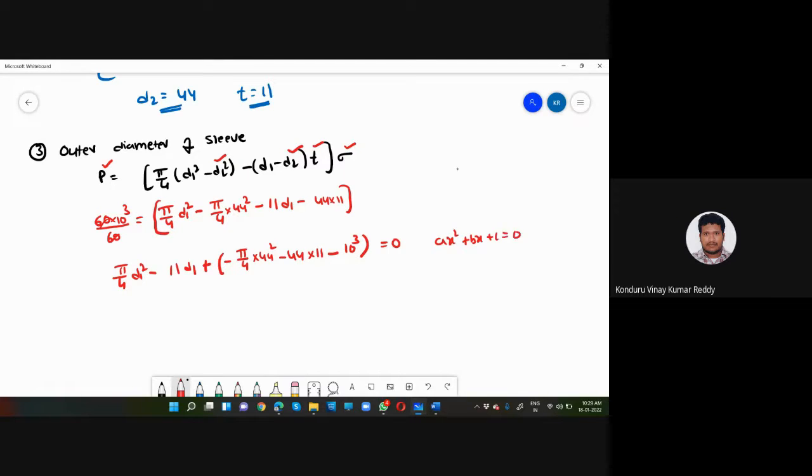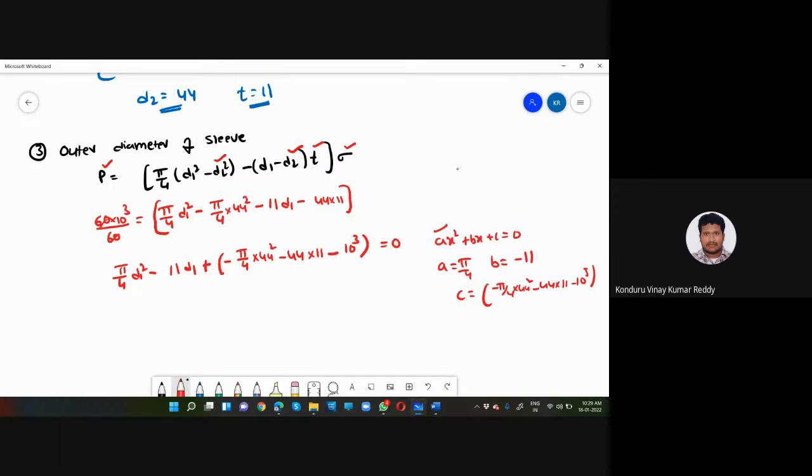In your calculators, go for Shift, Mode, equations. Select this form, where a is equal to pi by 4, b is equal to minus 11, and c is the total equation, that is pi by 4 into 44 square minus 44 into 11 minus 10 to the power of 3.